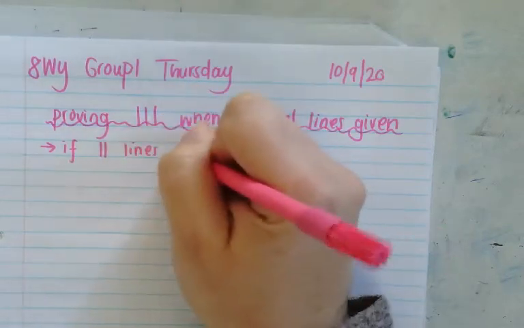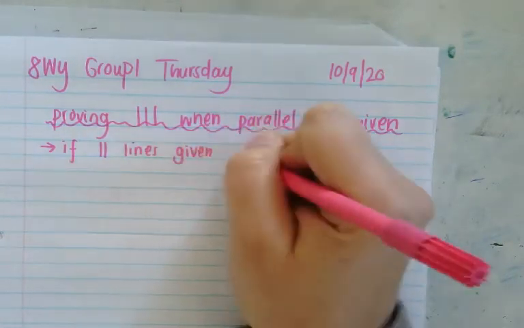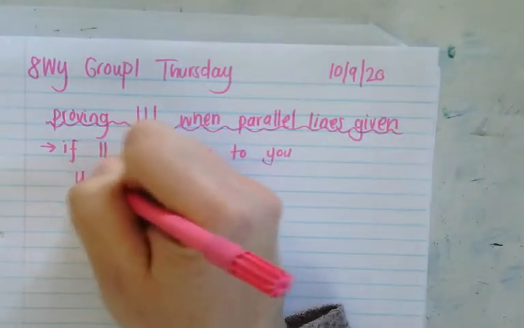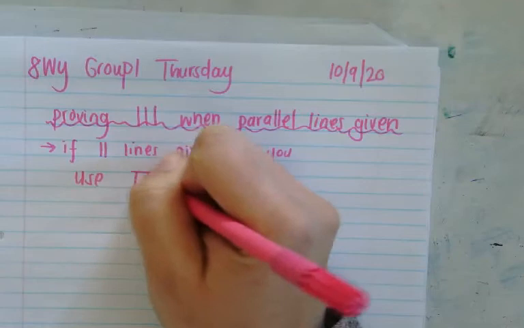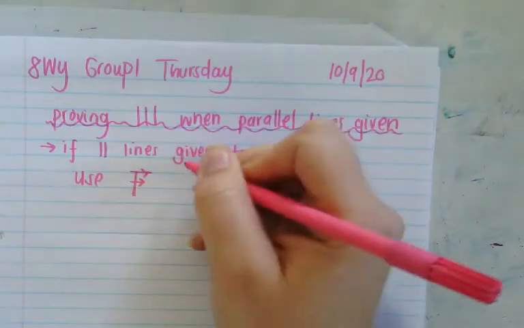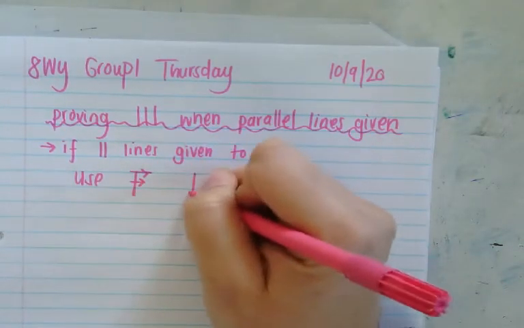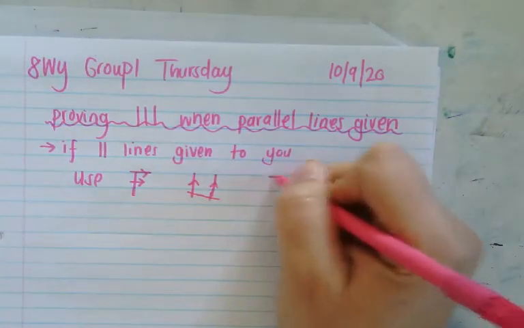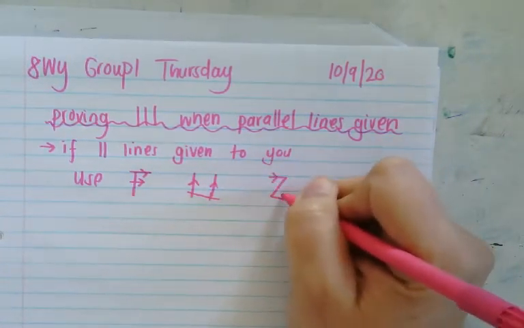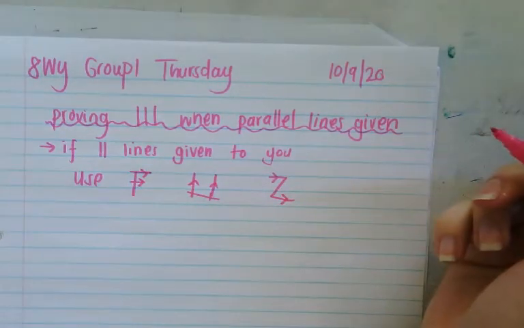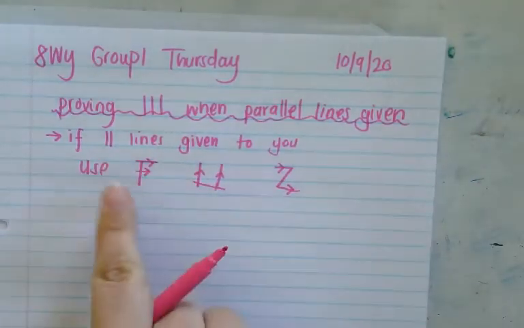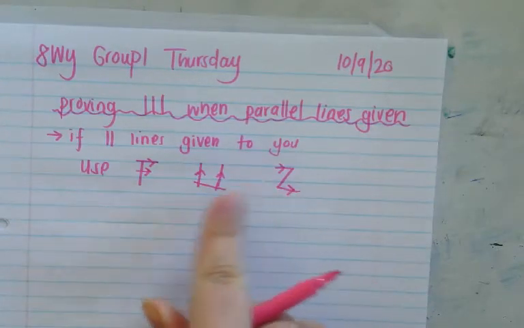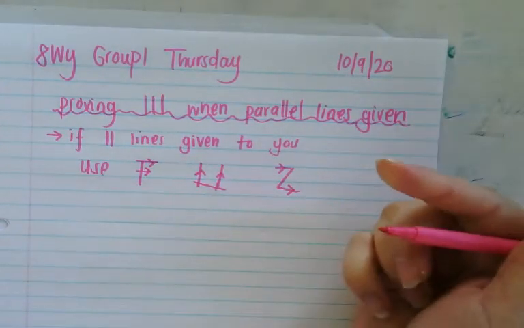If your parallel lines are given to you, you can use your F, your U, and your Z. It is more likely that you're going to land up using F and Z than U, but that doesn't mean that U can't come up.